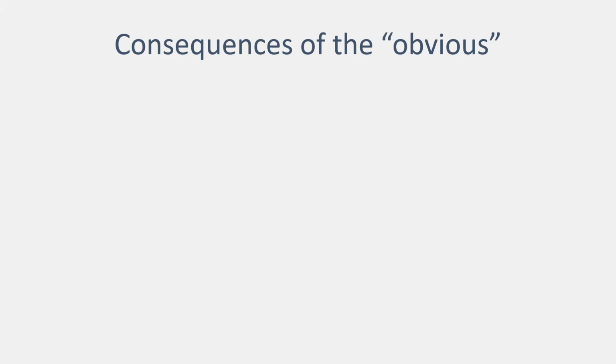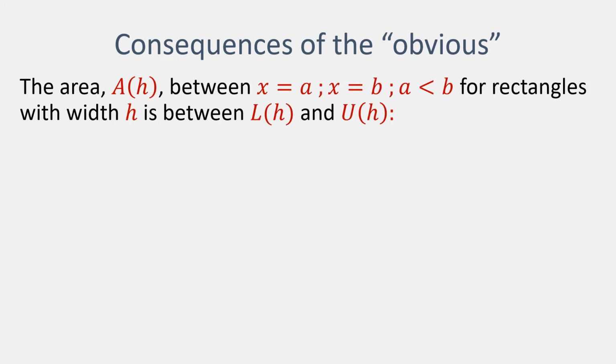So that gives us a couple of consequences. First of all, it allows us to derive general lower and upper bounds on the area that we're interested in, the area between these 2 points.